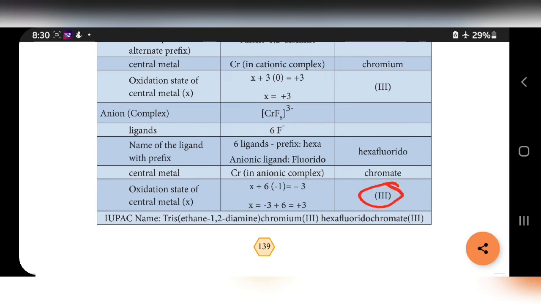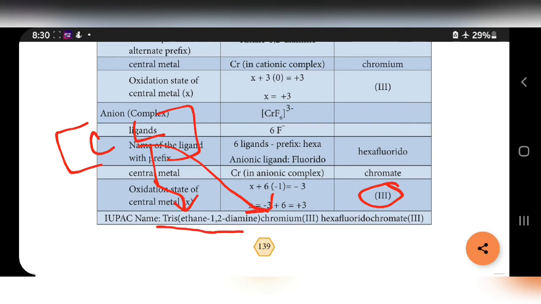So the name of this compound: first you have to write the cationic complex name, that is the positive charged part. Here that positive charged part is the square bracket. In that square bracket, central metal ion and ligands are there. First you have to write the ligand. The name of this ligand is tris(ethane 1,2 diamine). Second, you have to write the central metal ion name, chromium with oxidation number 3.